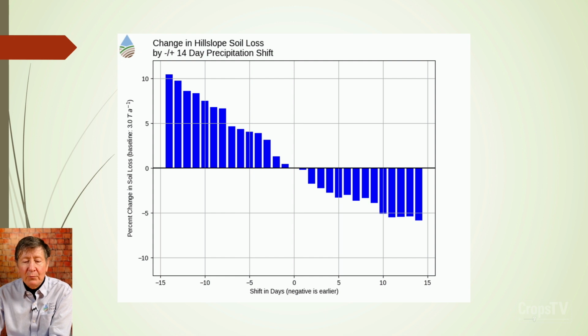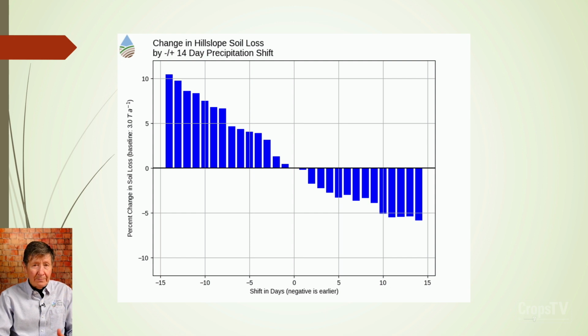We keep all of our other activities associated with farming and planting constant, but we move our rainfall the maximum 15 days earlier, and we see our erosion rates increase, in this case, 10%. If we move it 10 days later, we're reducing the erosion rate, but not to the same level as happens when we shift that precipitation earlier.